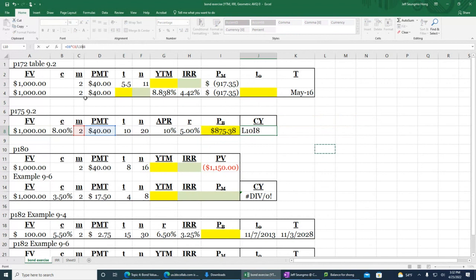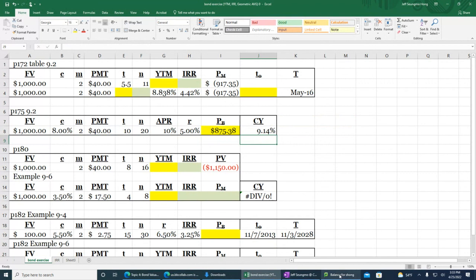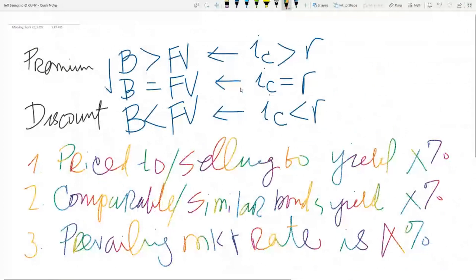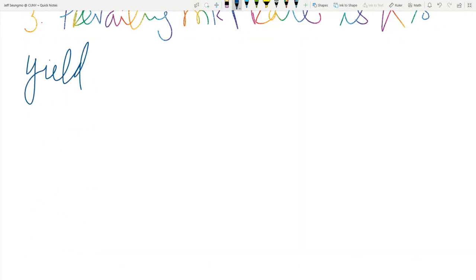Now, what is current yield? Now everyone understands the yield is another name for annualized return, right?